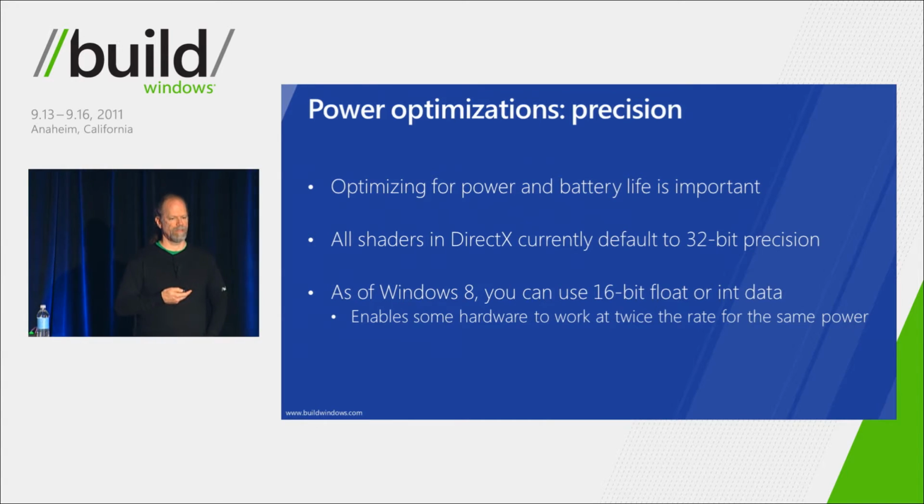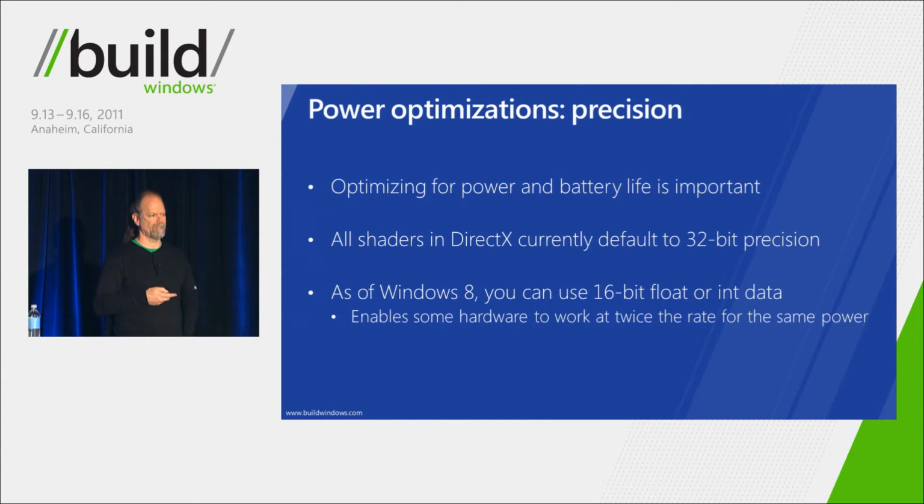So the performance of my chip for a given number of clock cycles, and therefore a given number of watts, will double for every situation where I can convert that to a 16-bit float instead of a 32-bit float. And in fact, there are even lower precision formats than that some implementations may take advantage of.